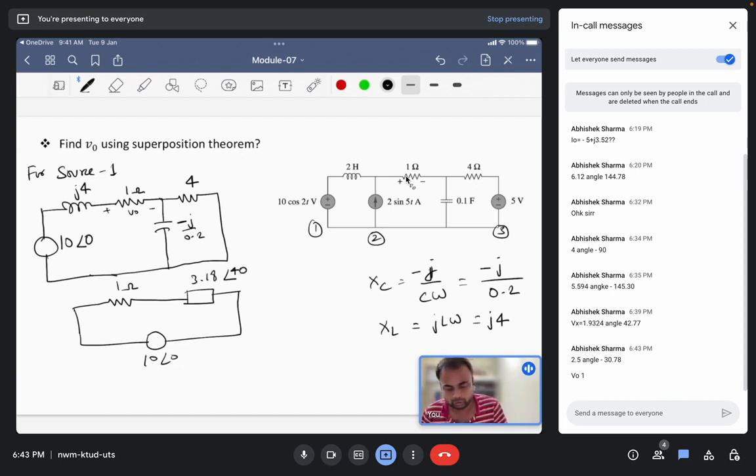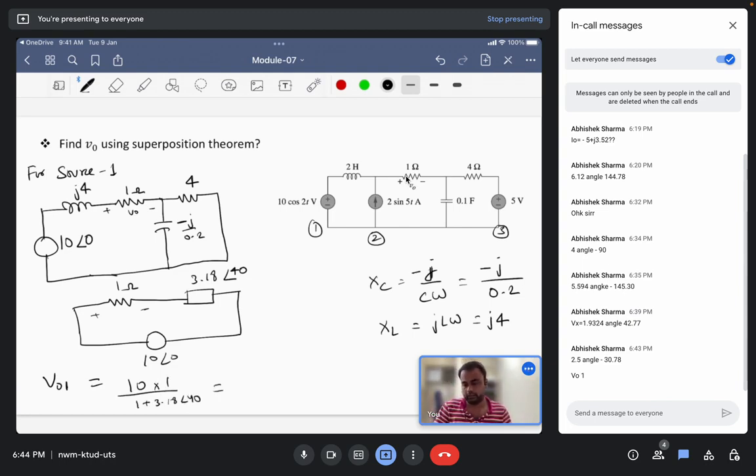So the voltage drop across the resistor using the voltage division rule, let us say V0 1, because of source 1, is equal to 10 into 1 ohm divided by the sum, that is 1 plus 3.18 angle 40 degrees.